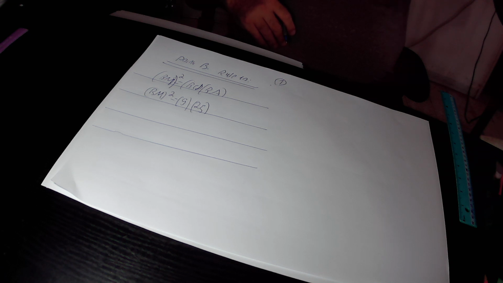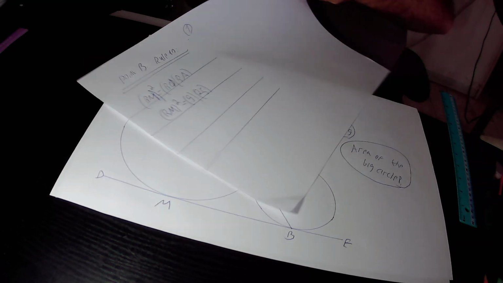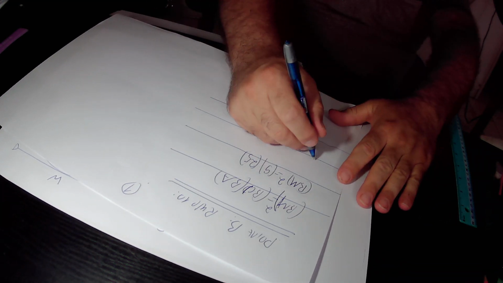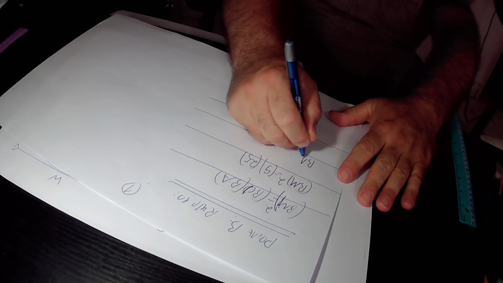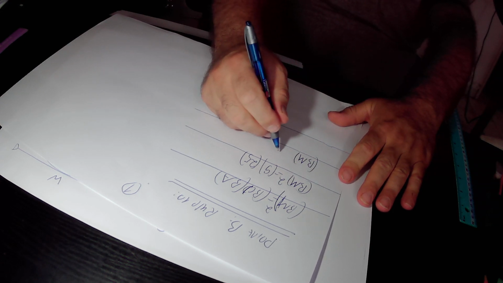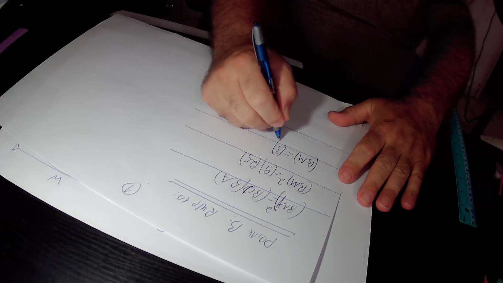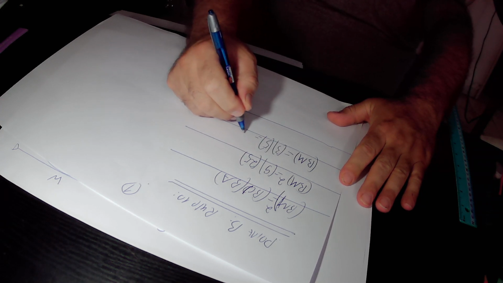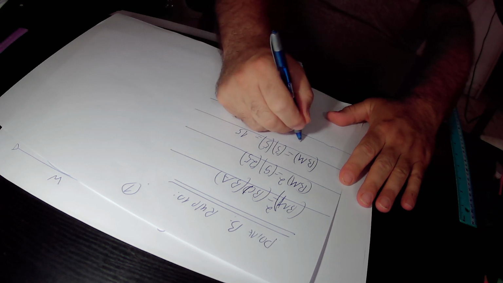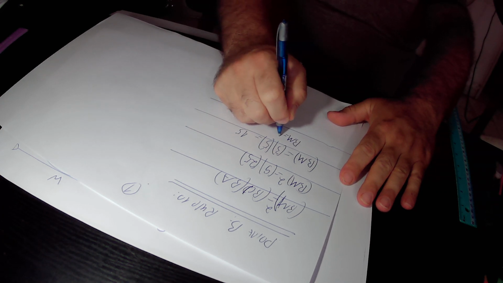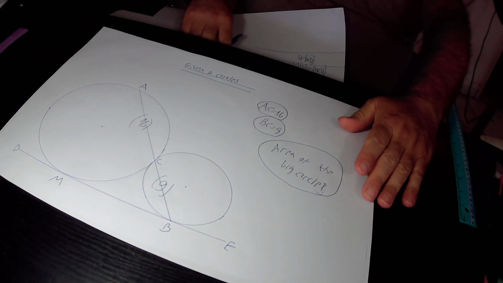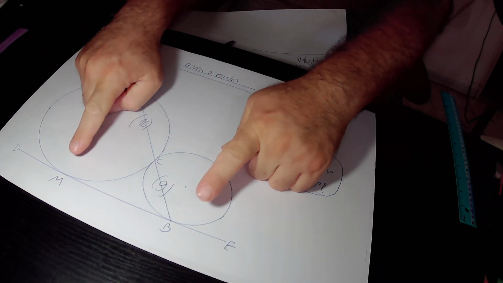Here we take a root of this equation and we get that BM, the length of tangent BM, is equal to the square root of 9, that is 3, times the square root of 25, that is 5. So in total, BM equals 3 times 5, that is 15. BM equals 15 units in its length. The length of this tangent BM is 15 units.